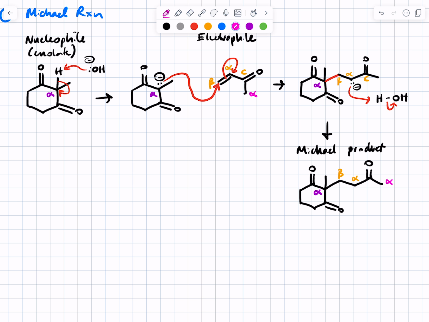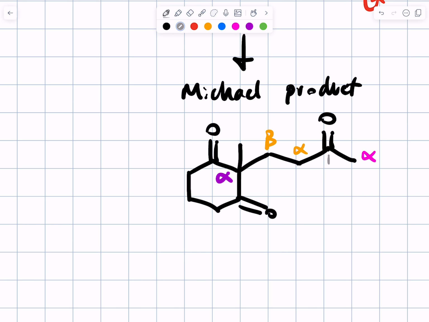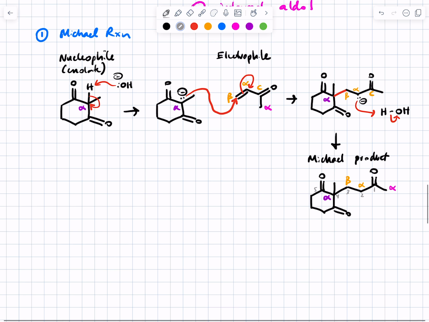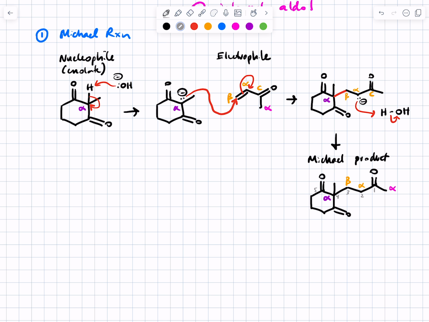Over here's an alpha proton that we've highlighted before, but we're not worried about. And that is in fact a Michael product. You can tell because it's a 1, 2, 3, 4, 5 dicarbonyl, 1,5-dicarbonyl. All right. With me so far? Just another example of a Michael reaction.